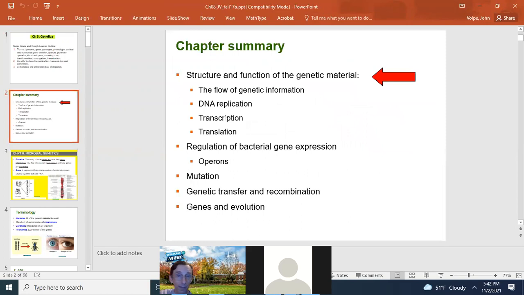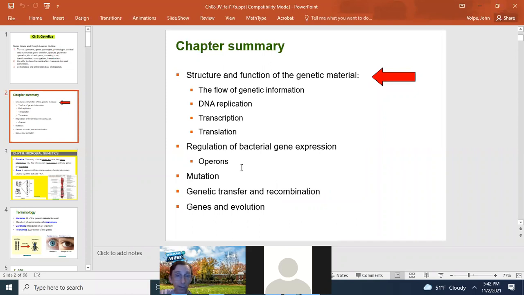We're first going to talk about the structure and function of the genetic material. You should know that the genetic information has a flow, and we'll talk about that, how the DNA or the hereditary material flows from one cell to another. We'll talk about DNA replication, RNA transcription, and protein translation.